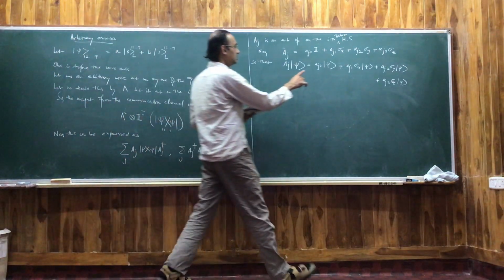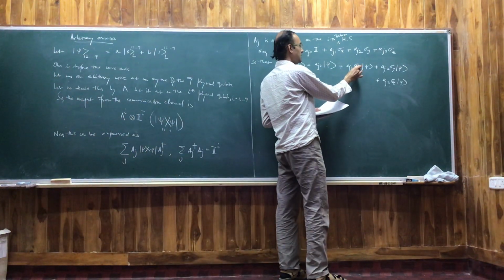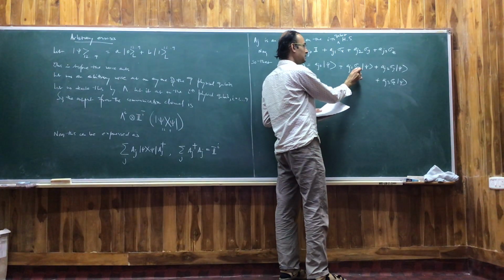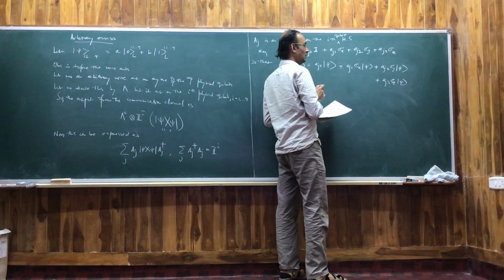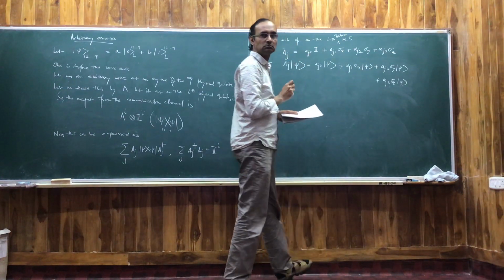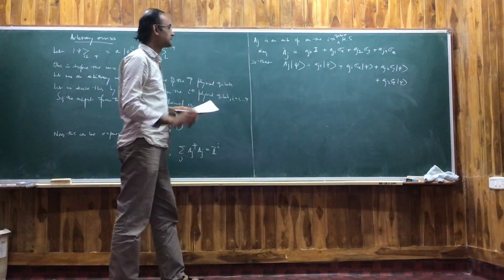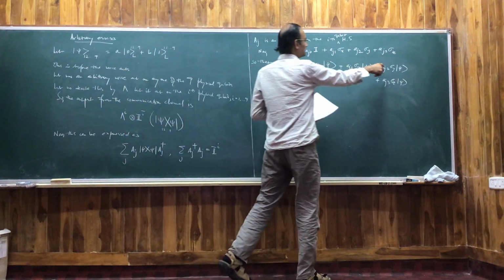Again here this is a 9 qubit state. This is acting on the ith physical qubit, ith qubit of that array. Same throughout.